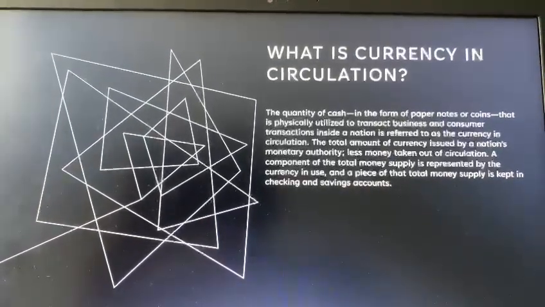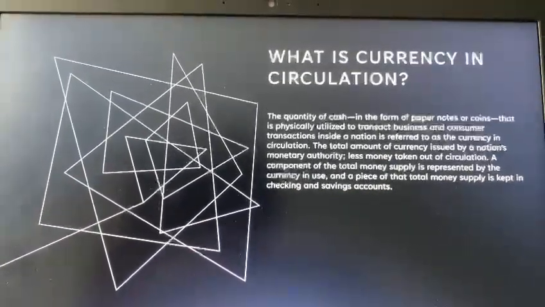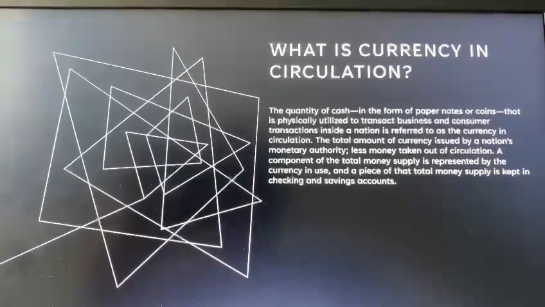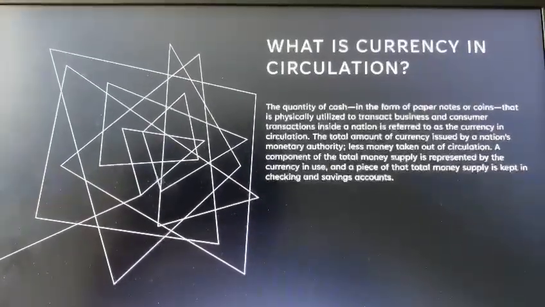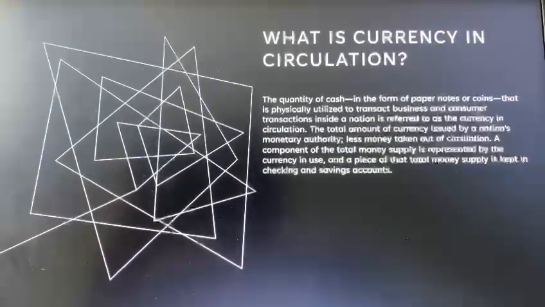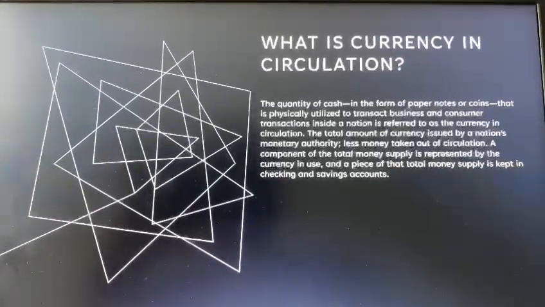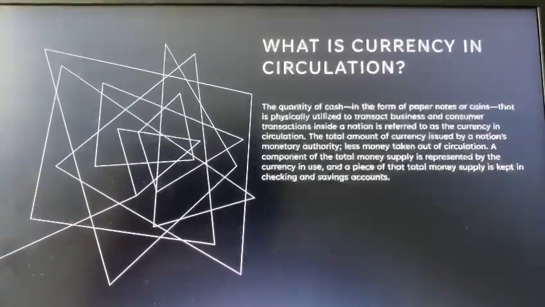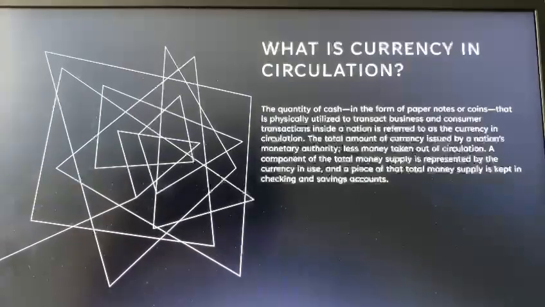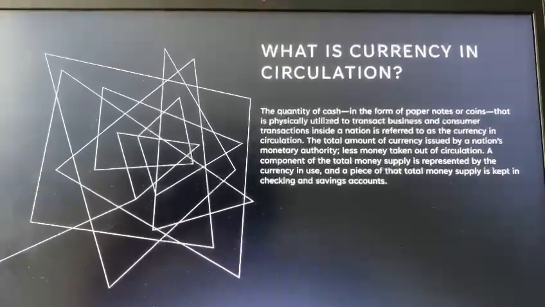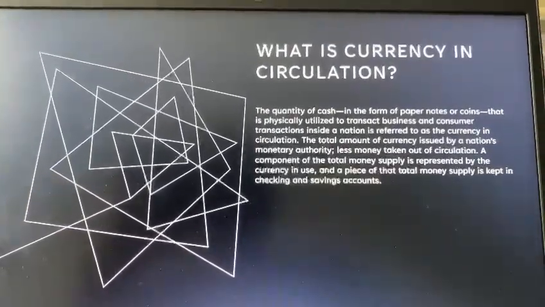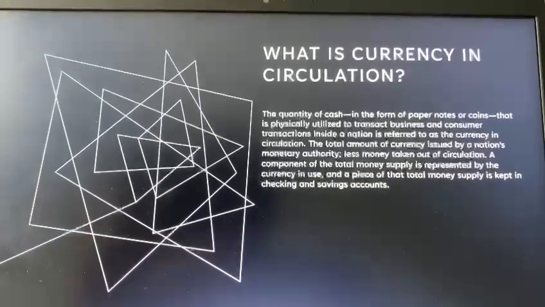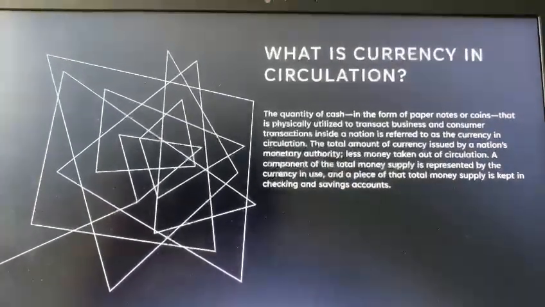It is the total amount of currency issued by a nation's monetary authority, less money taken out of circulation. Currency in use is a component of the total money supply, and a piece of that total money supply is kept in checking and savings accounts.